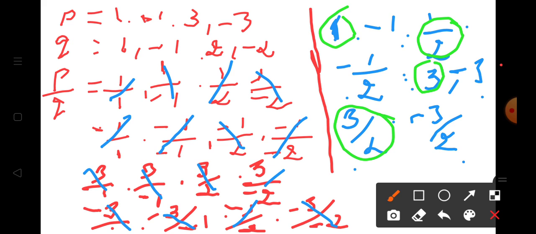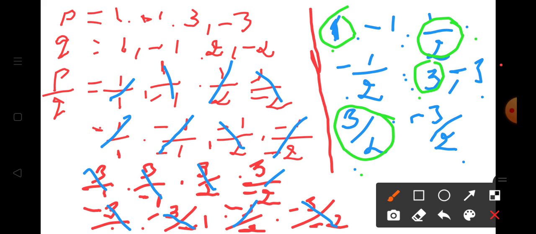Listen, in our given P of X, all the terms are positive. So suppose we apply these positive values, we get a value greater than 0. Okay, it does not come to 0. Suppose we substitute these four positive values 1, 1 by 2, 3, 3 by 2, we get a positive value, that is greater than 0, not equal to 0.